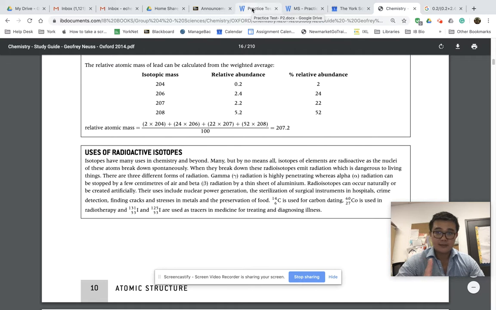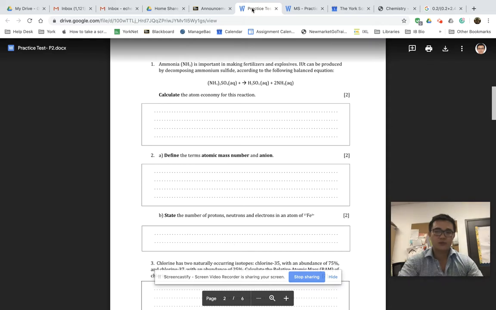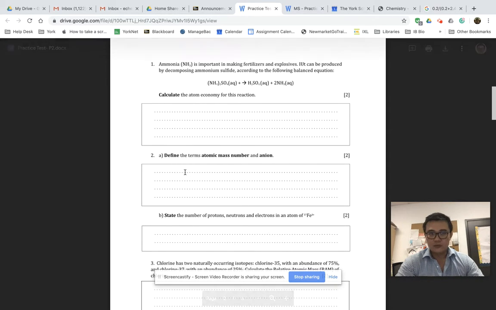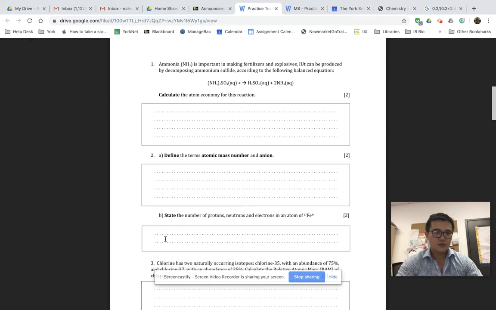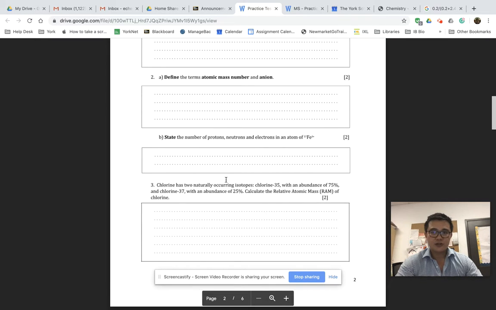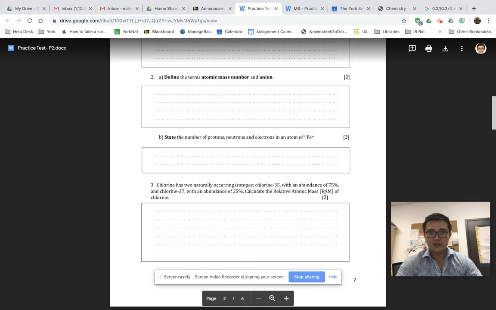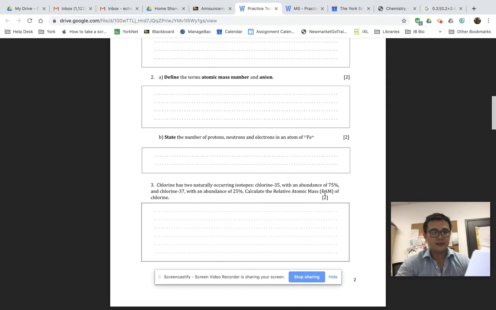And this practice test actually has quite a bit of 2.1. Not surprising, because 2.1 is essential material before you move on. So this one, 2A, 2B, question 3, you can see that relative atomic mass, you have to find it.